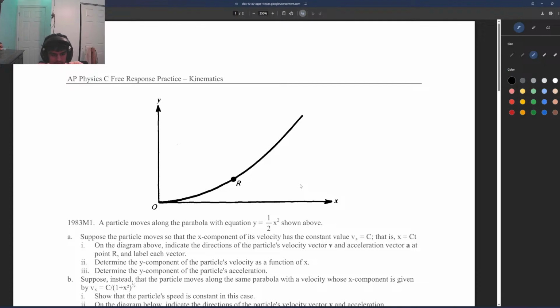Indicate the directions of the particle's velocity vector and acceleration vector at point r. Okay, so the velocity vector is the tangent line, and then the acceleration vector is going to be straight up. Acceleration is constant, so it's just going to be like that or something, right?